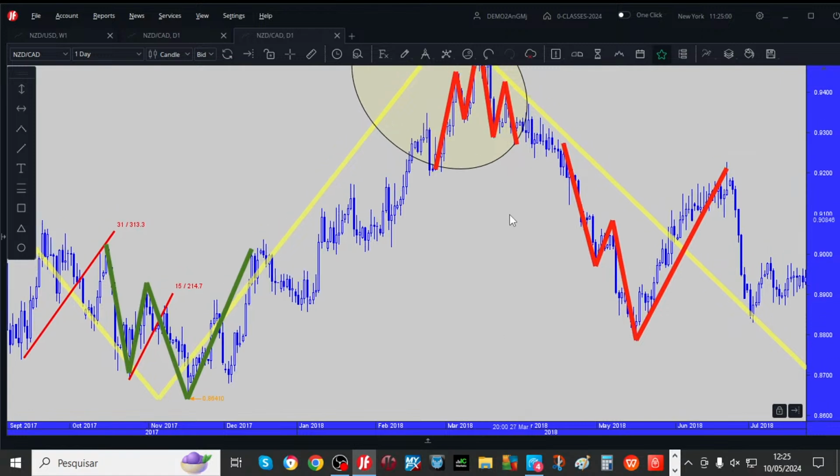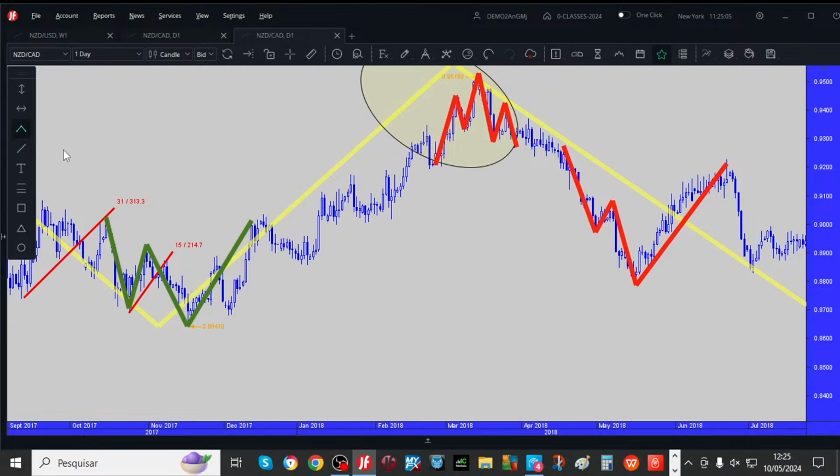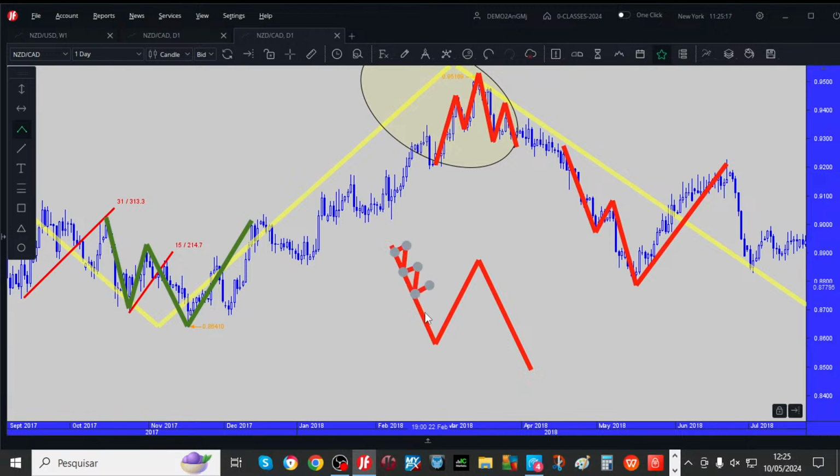But if we understand that the crown is a potential reversal pattern, and this is the market wave, this is how the market works. Lower lows, lower highs, retracement, higher highs, higher lows, lower lows, lower highs in here, then higher highs, higher lows, and then lower lows, lower highs, and the crown appears in here.